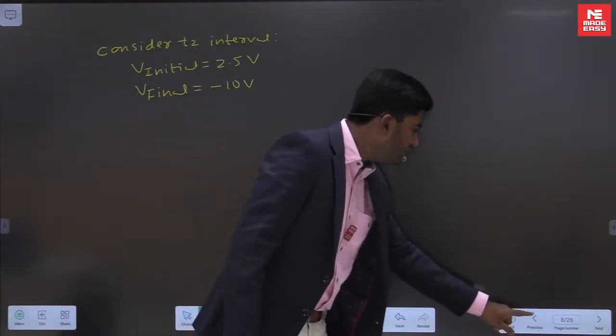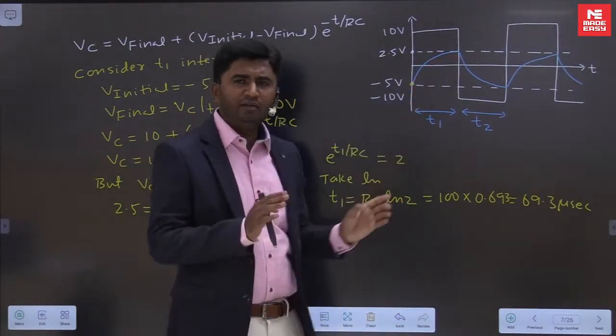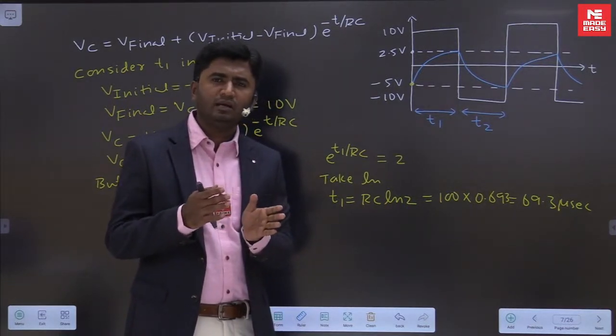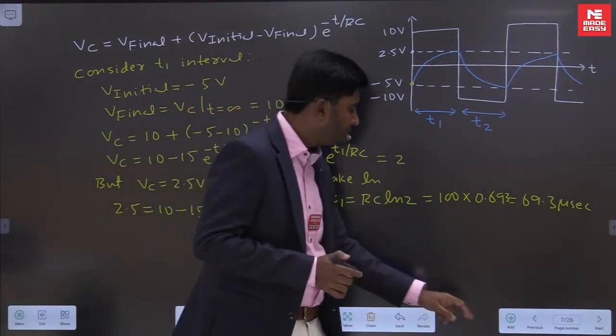This we have observed from this waveform. V initial will be 2.5 and V final will be minus 10. V final means voltage across capacitor at t equal to infinity. That will be minus 10 volt.